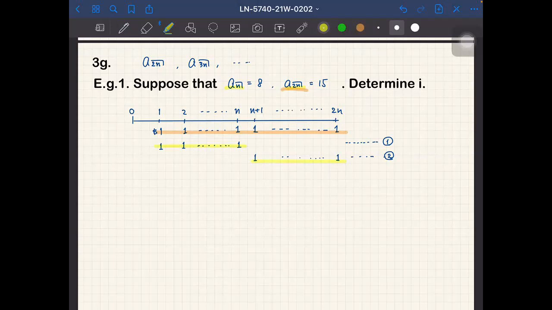To be exact, the present value of the first is a angle n, but the present value of the second is actually an n-year deferred annuity, so this is v to the nth power times a angle n.